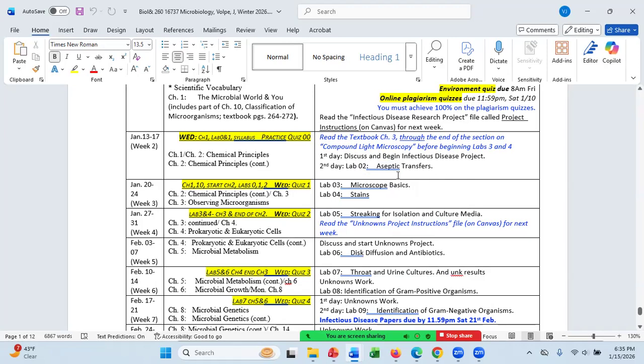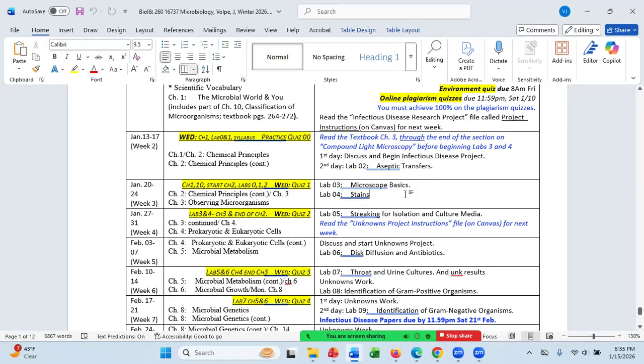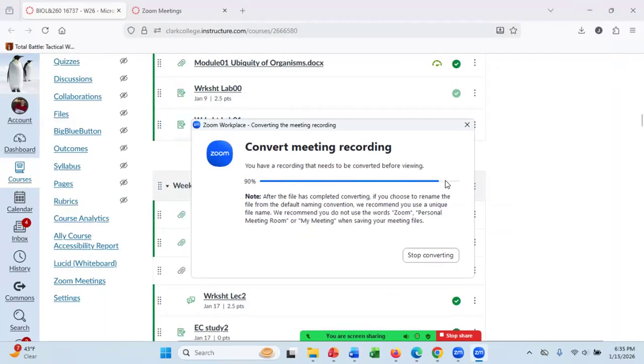Let me remind you, you need to read through the textbook chapter 3 through the end of the section on compound light microscopy. This must be read before beginning labs 3 and 4, which we'll cover next week. All right, no questions.